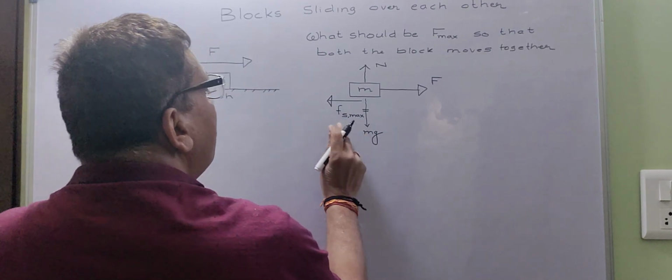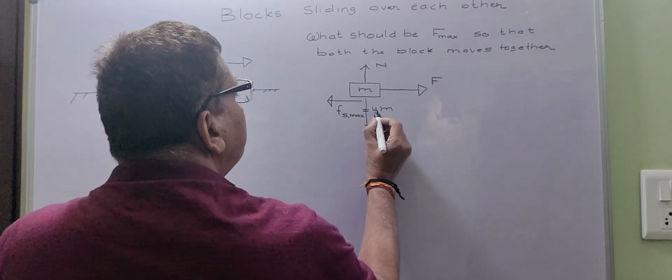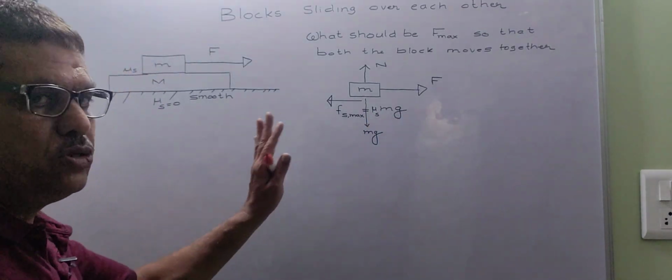So the maximum value of this static friction will be mu s mg. Is it? This is the situation.